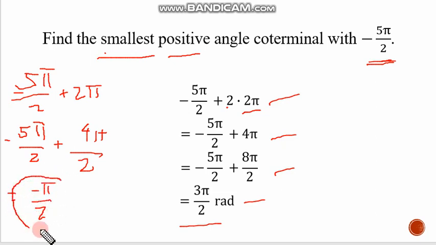This is a negative angle, and we are still looking for a positive angle. So we need 2 revolutions to get the smallest positive angle.